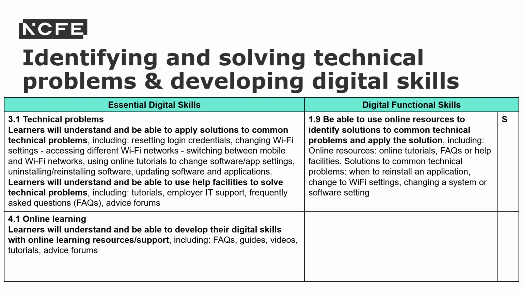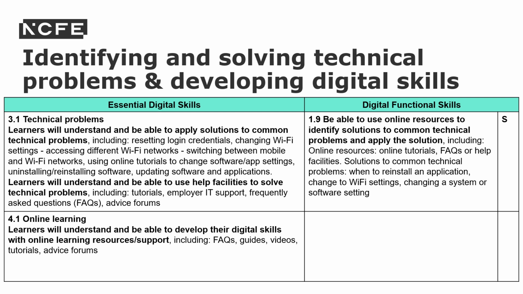At level 1, learners need to be able to solve common technical problems, including changing settings, reinstalling an app, changing Wi-Fi settings, and using online help tools. In essential digital skills, there's a learning outcome that doesn't really have a direct equivalent in digital functional skills, which is to be able to develop their digital skills with online resources.